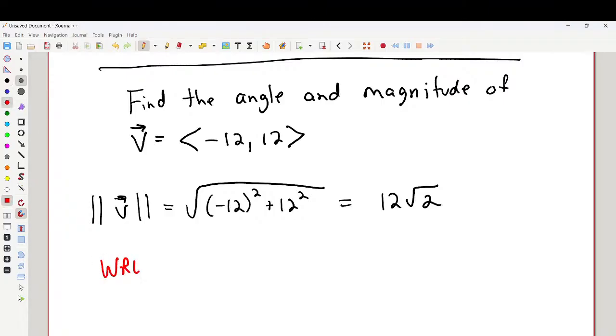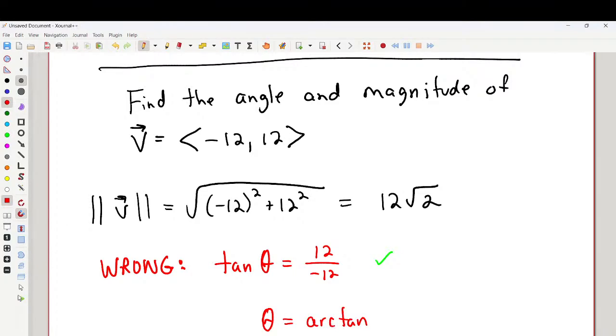Wrong. What I'm about to write: tangent of theta is y over x. Well, that's actually not wrong, that's correct. Theta is arctan of 12 divided by -12.